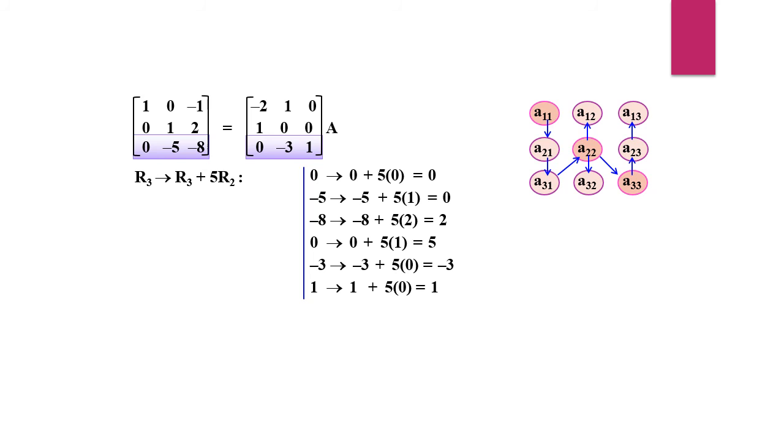Similarly apply the properties on all the 3 elements on the LHS, that is 0 plus 5 into 1 we get 5. Next, second element minus 3 plus 5 into second element of R2 0, we get minus 3. And similarly third element, that is minus 1 plus 5 into 0, we get minus 1.